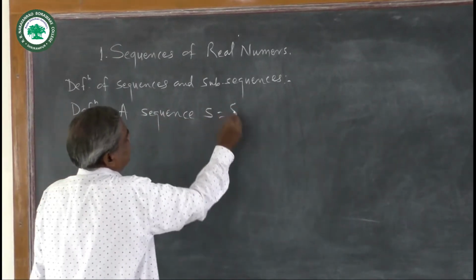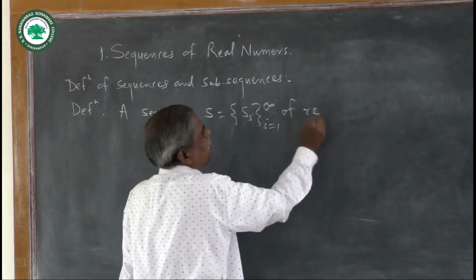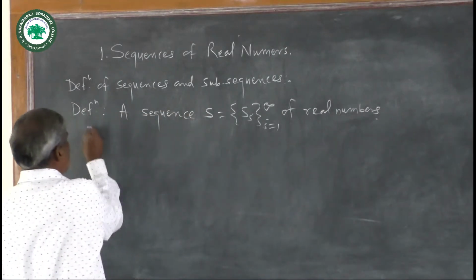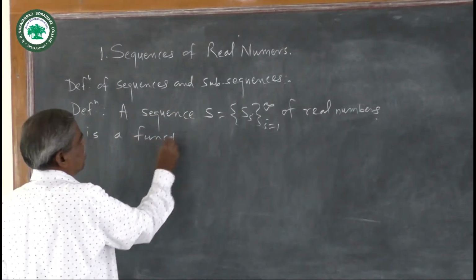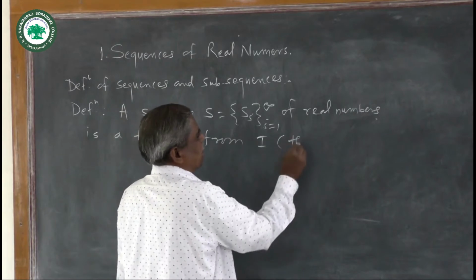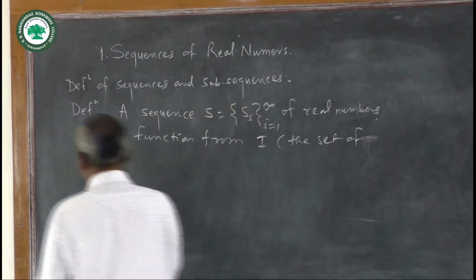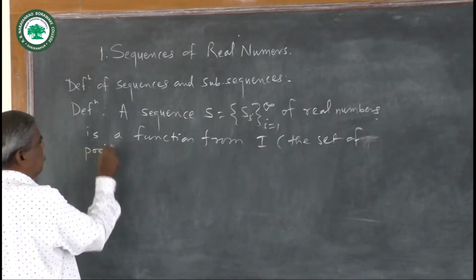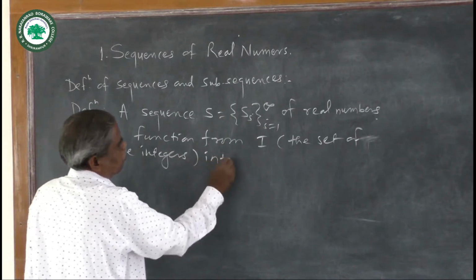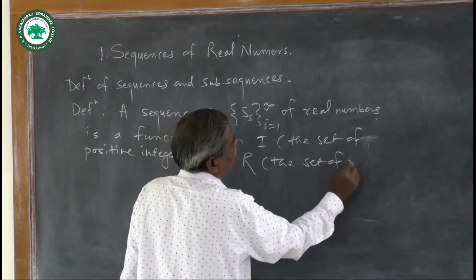Definition of sequence. A sequence capital S is equal to S suffix i, i is equal to 1 to infinity, of real numbers is a function from capital I, the set of positive integers, into R, the set of real numbers.